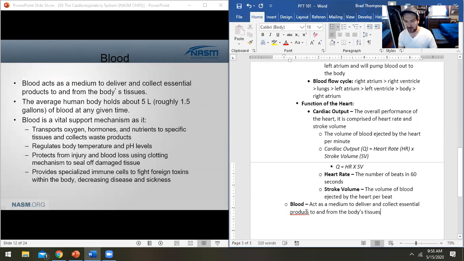Obviously your heart's pumping blood around, but blood has these specialized materials in it that allow your body to gather and deliver nutrients and oxygen, right? You have roughly 5 liters of blood in your body, which is about 1.5 gallons at any time. You can donate about 1 liter of that and still be okay.